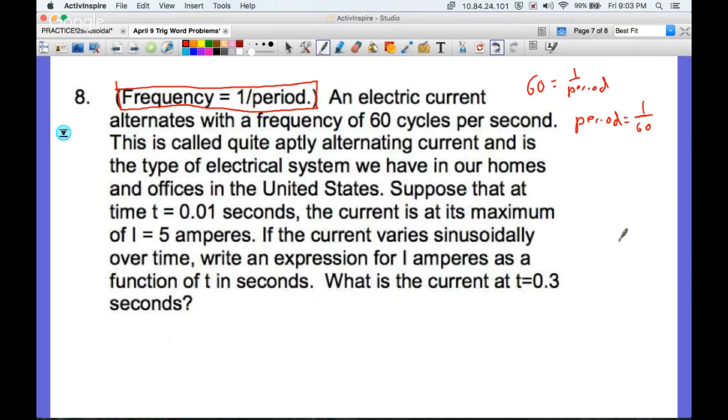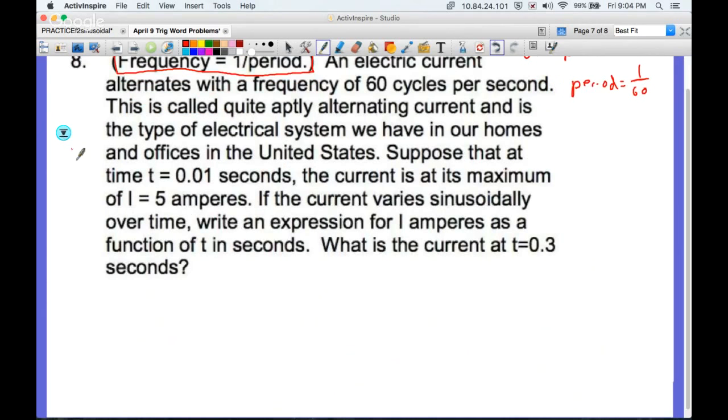This is called, quite aptly, alternating current, in this type of electrical system we have in our homes and offices in the United States. Suppose that at a time t equals 0.01 seconds, the current is at its maximum of I equals 5 amperes. I is a common variable used for current. So here we need a little graph of this.